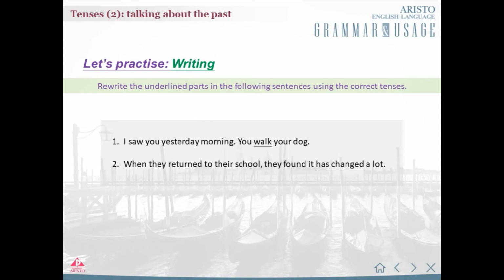The answers are now on the screen. The first blank can be rewritten as were walking. The second blank can be rewritten as had changed.